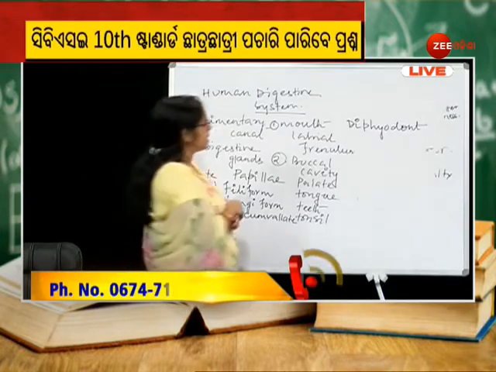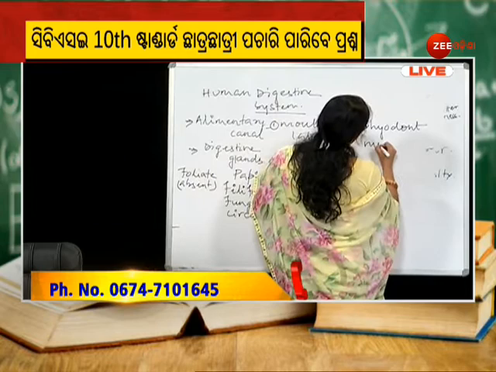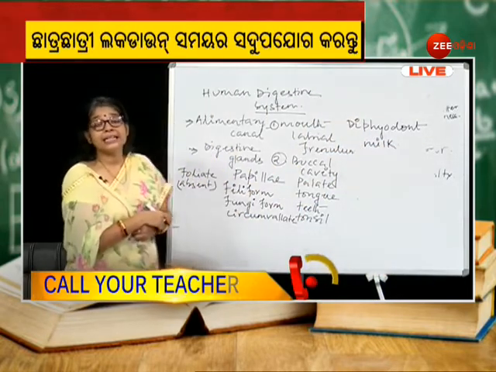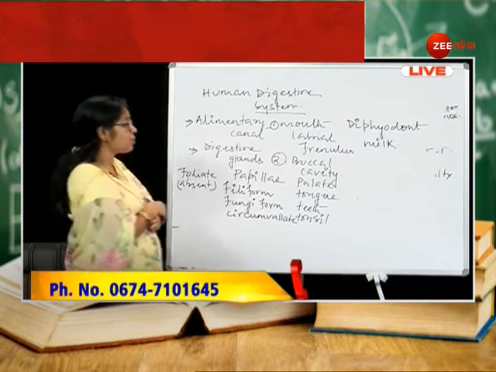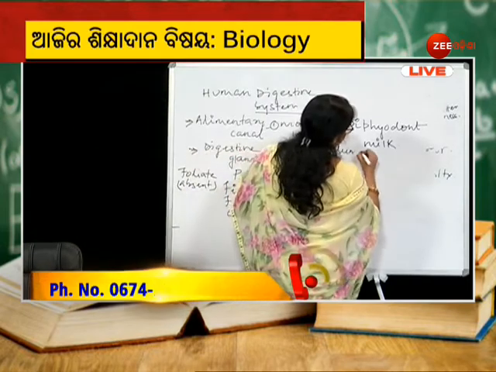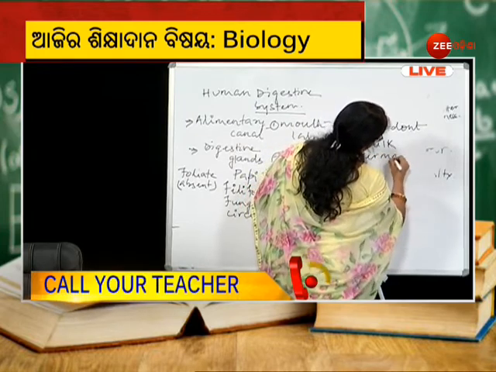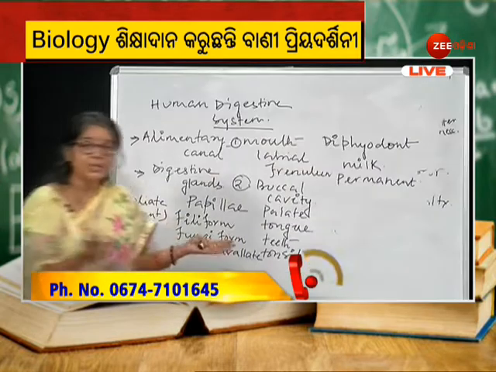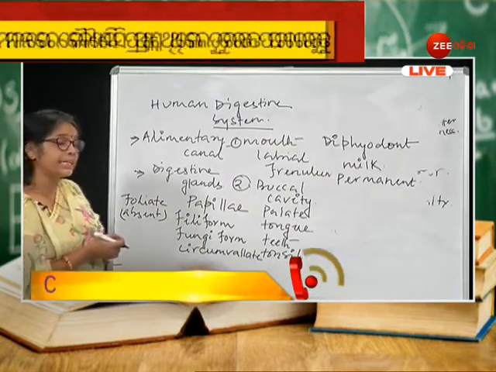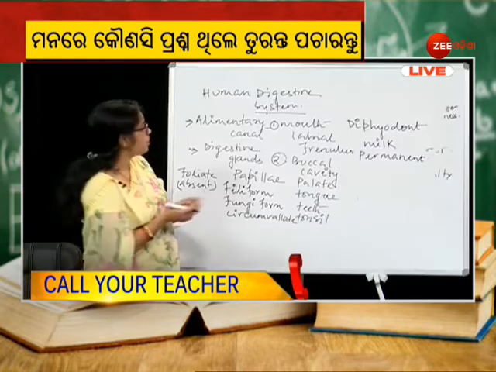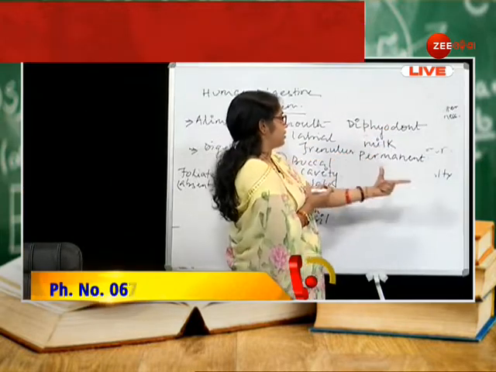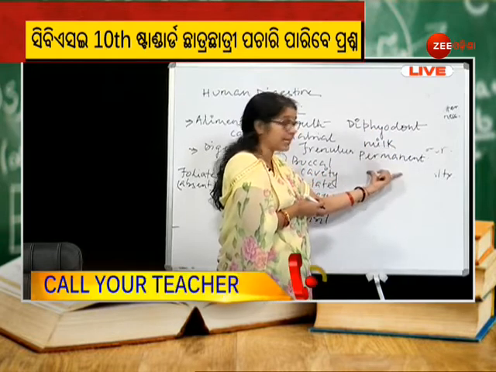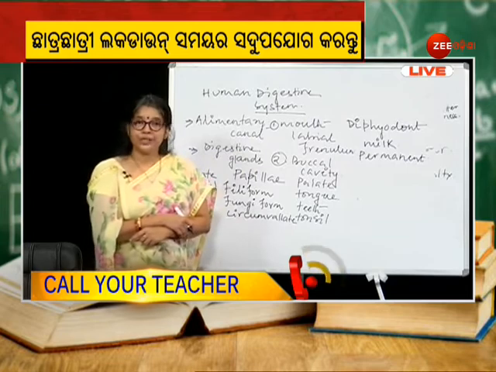Some of the teeth are known as milk teeth or temporary teeth, or they may be termed deciduous teeth. And some of the teeth are termed permanent teeth. Because of these two types of teeth throughout the lifespan, human teeth are termed diphyodont. It means that two sets of teeth are present throughout the lifespan of a human.